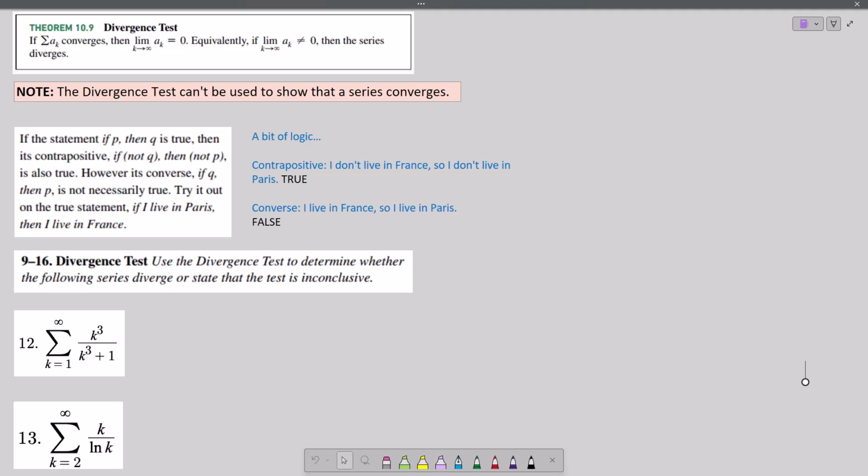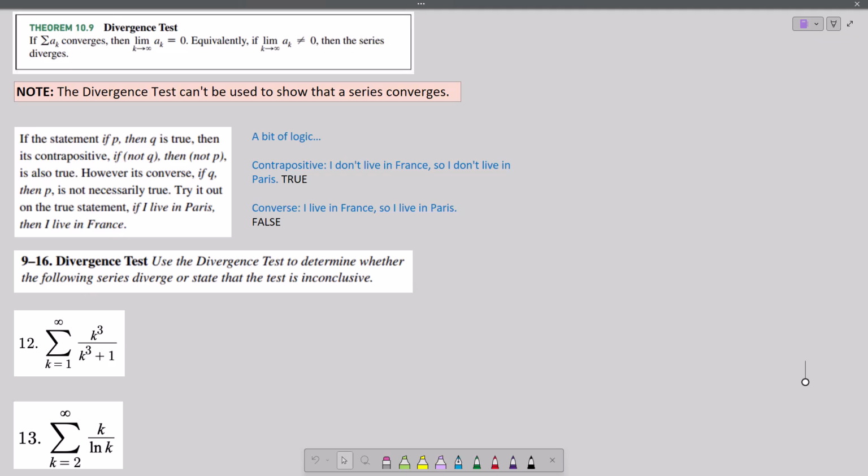So one thing we want to understand is what the contrapositive means, because that's what this is up here. When you have a statement that's true, this says, if the series converges, then the terms go to 0. That's if P, then Q. If that's true, then logically the contrapositive is also true.